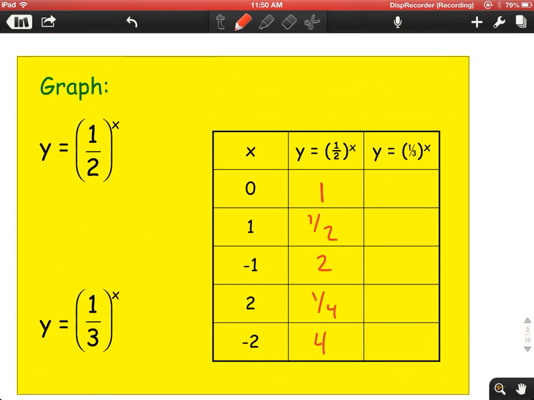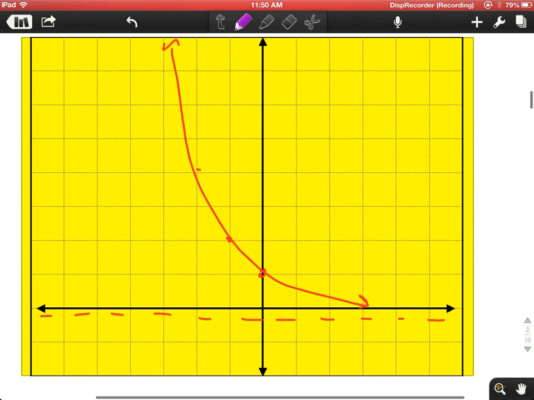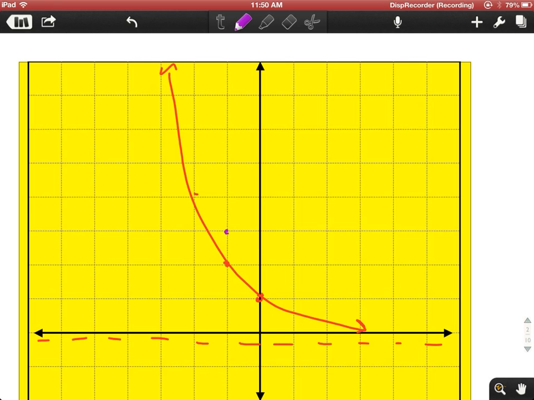What happens when we change the fraction to, say, 1/3? We're going to get 3, we're going to get 1/9, and we're going to get 9. So once again, we see this situation where the graph is just going up faster because the denominator has a bigger number.